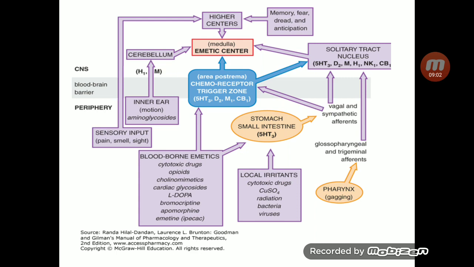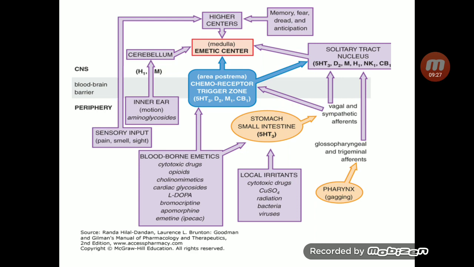When you talk about your higher center, it is all about thought, sight, and any smell, which will induce vomiting by activating your vomiting center. Lastly, you also have your inner ear, where the vestibulocochlear nerve sends an impulse from the ear due to motion to your vomiting center, inducing vomiting.